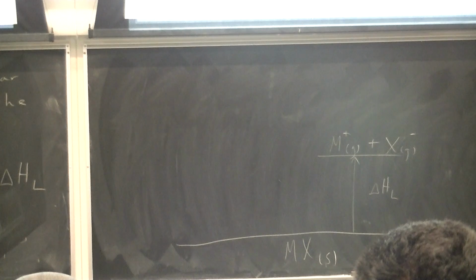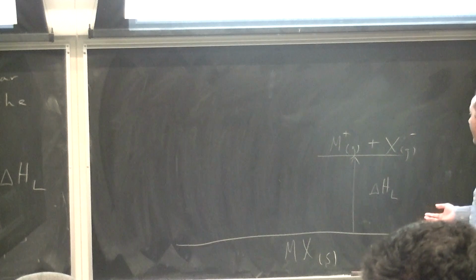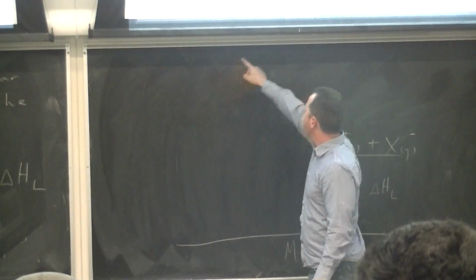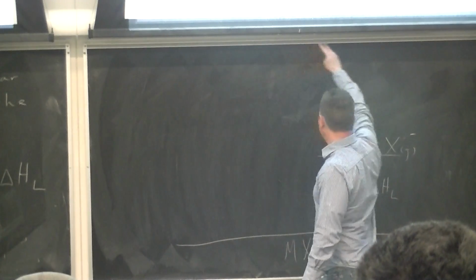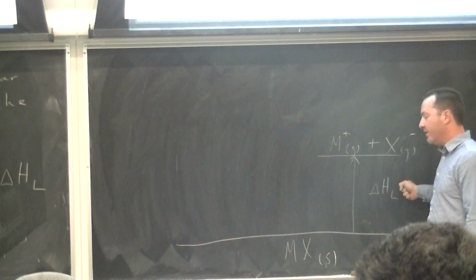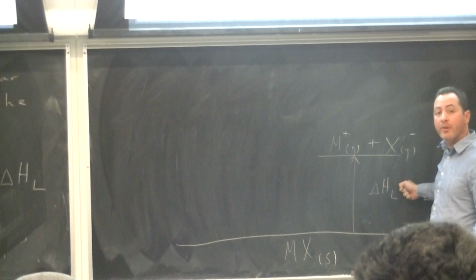If you build a thermodynamic cycle of known enthalpies, and you know all those values, when you sum all the enthalpies that will get you here plus this, it should be 0. That is true for all thermodynamic cycles.